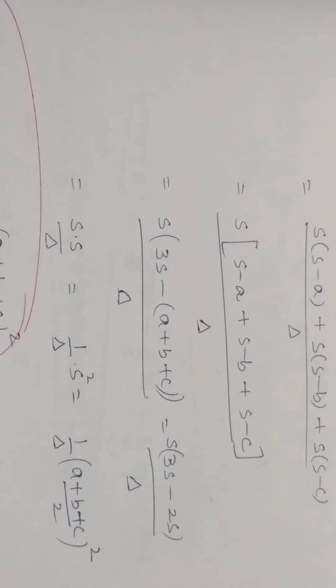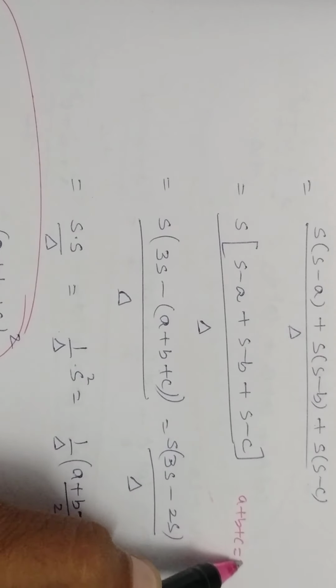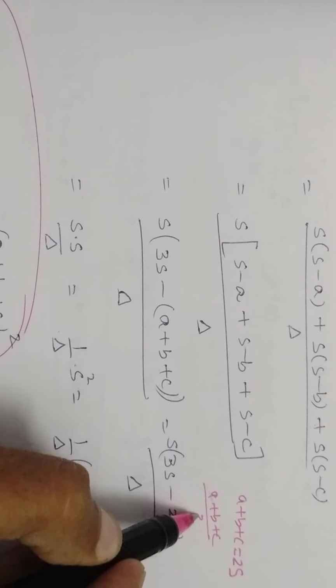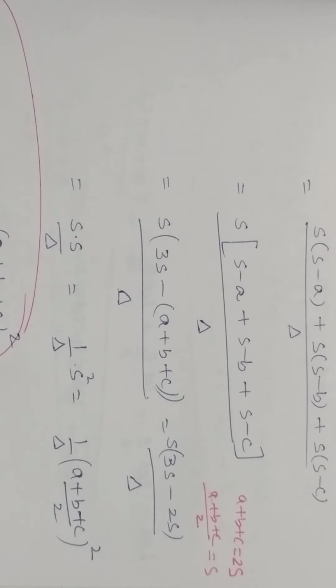We have taken A + B + C as 2S. So what is S? Here 2 is in multiplication, shifting to division. So S is (A + B + C)/2. So in the place of S I have written (A + B + C)/2. S², so whole square.